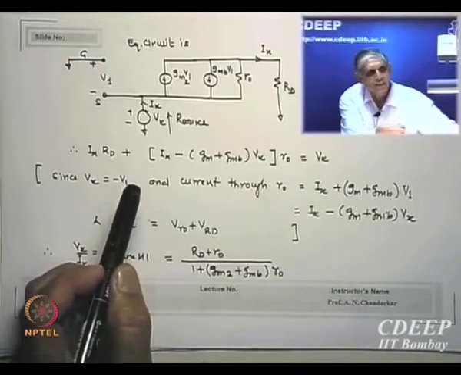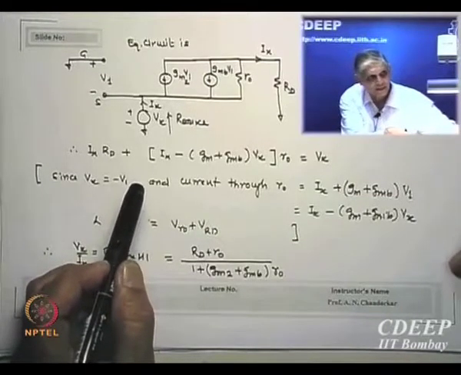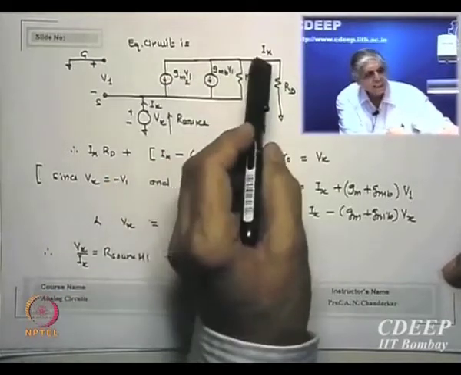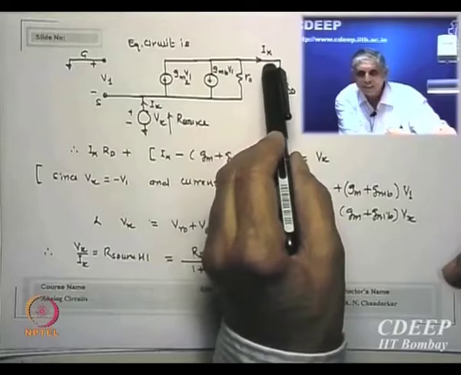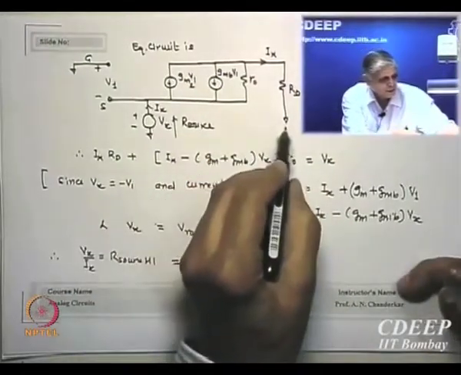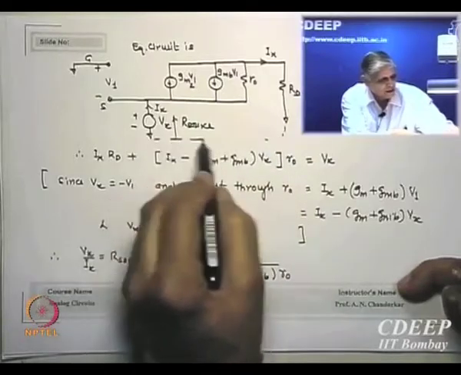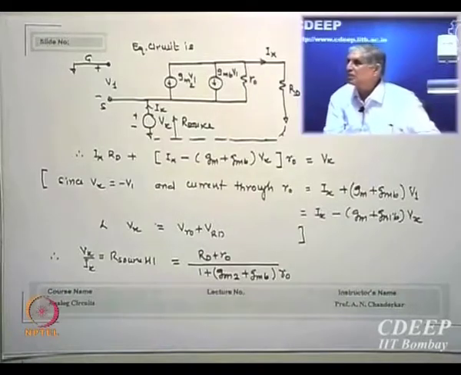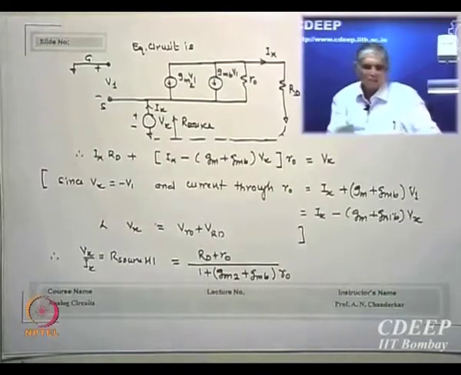So Vx by Ix is the resistance seen at this terminal. The net current out of this should be the same as Ix because this is the loop. Please remember the loop is completed through this path. That is why it was grounded. Is that clear?